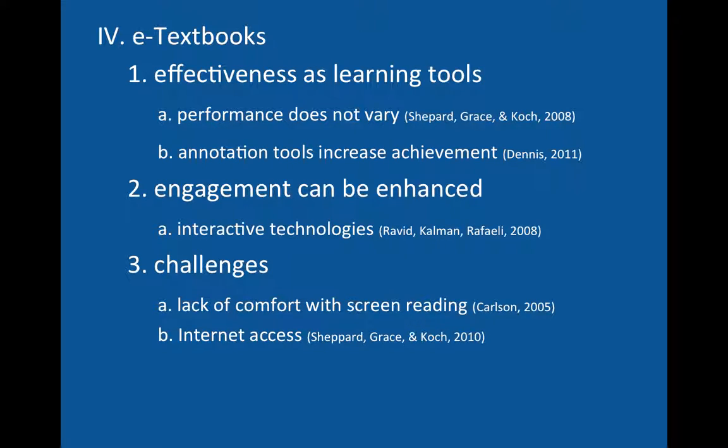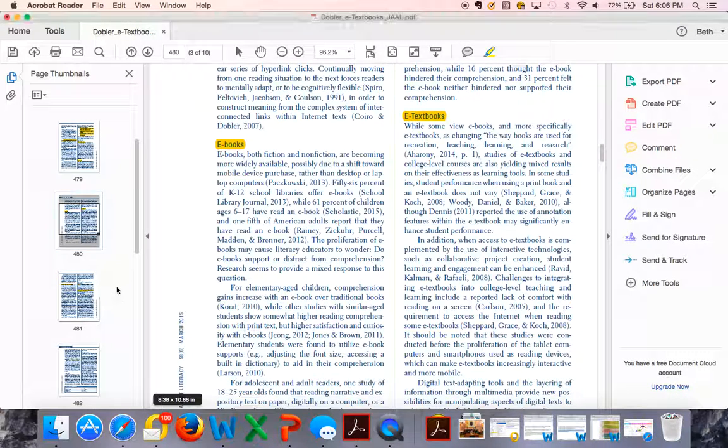Now I want to take this list and come over here to my action research study that I've been talking about. So here's the e-textbook section. In this section, I took my outline that you just saw, and I used number 1 on the outline to be my first paragraph.